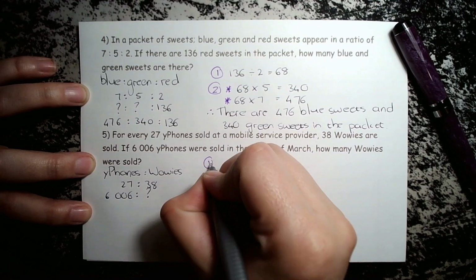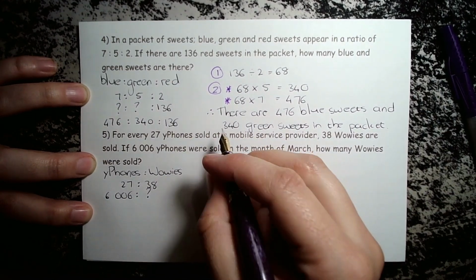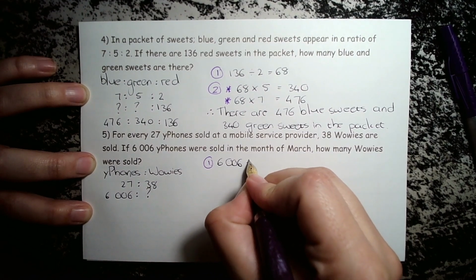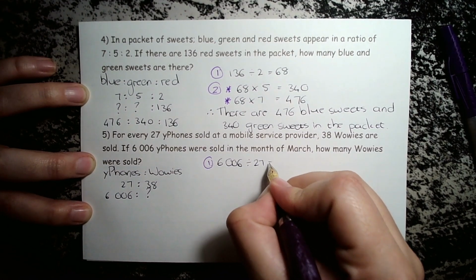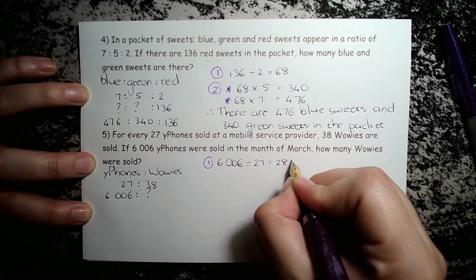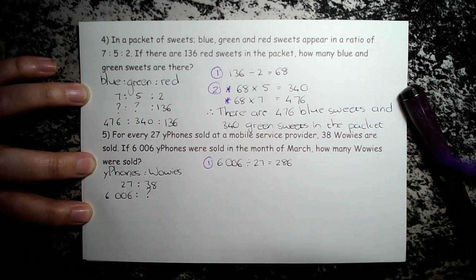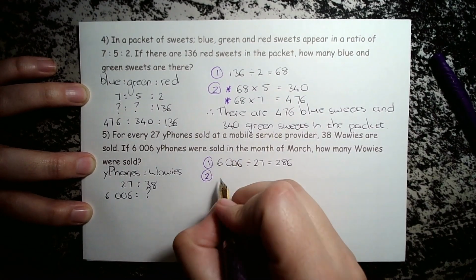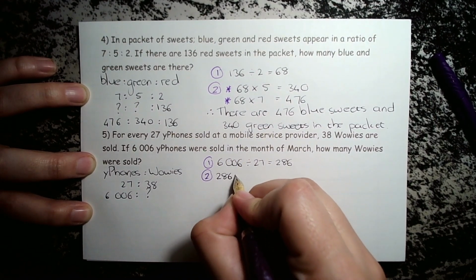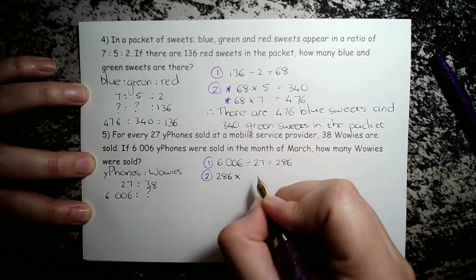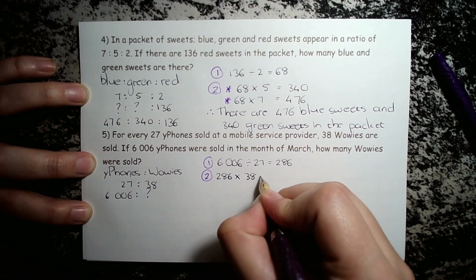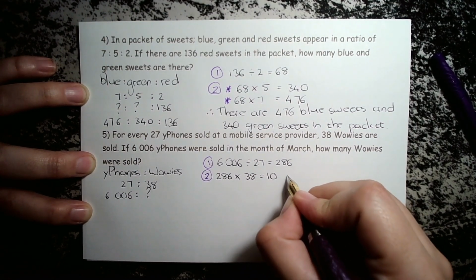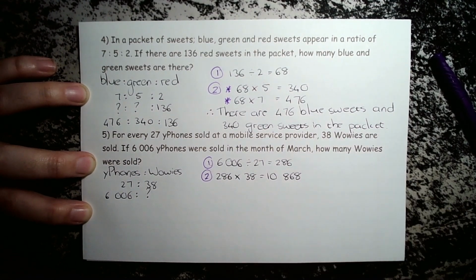Step 1. 6,006 divided by 27 is equal to 286. Step 2. 286 multiplied by 38 is equal to 10,868.